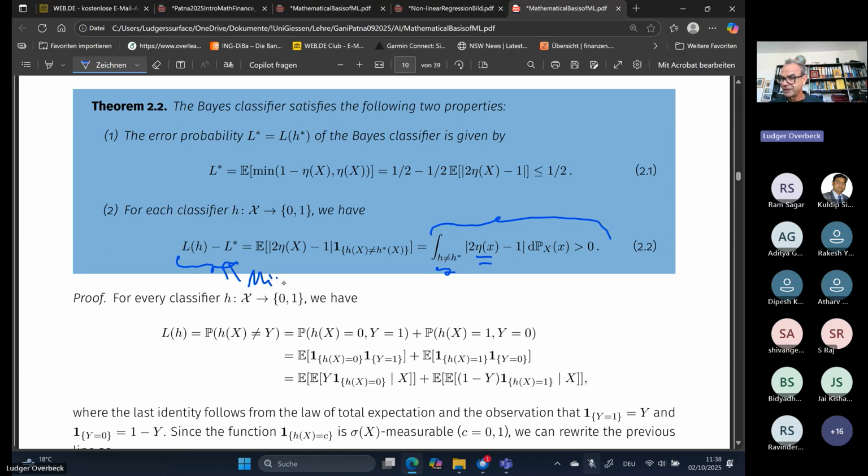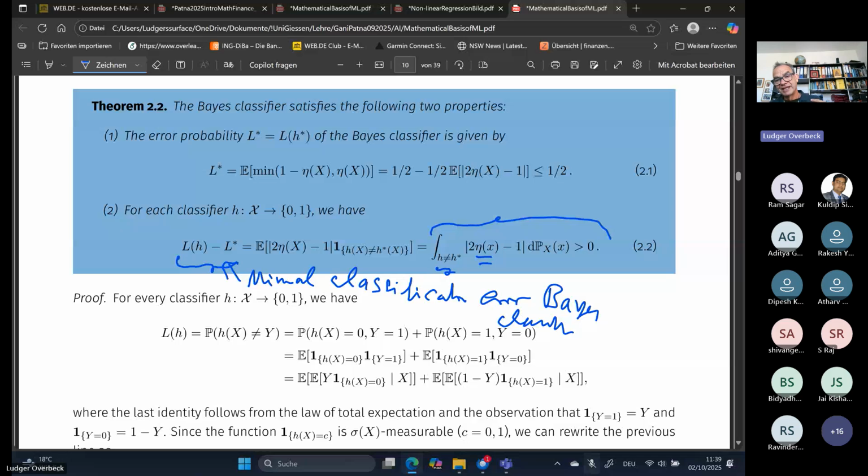That's a takeaway from this: the minimal classification error is the one of the Bayes classifier. That's somehow the first insight you should have if you do classification.